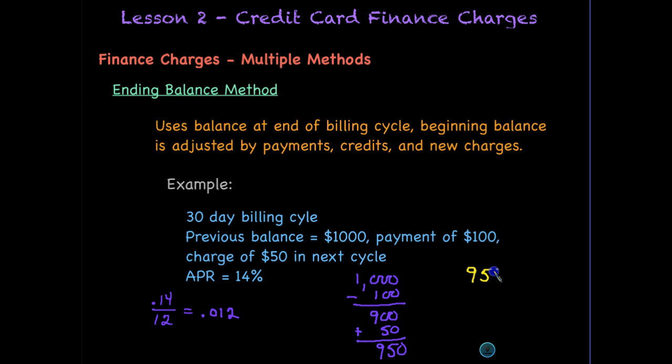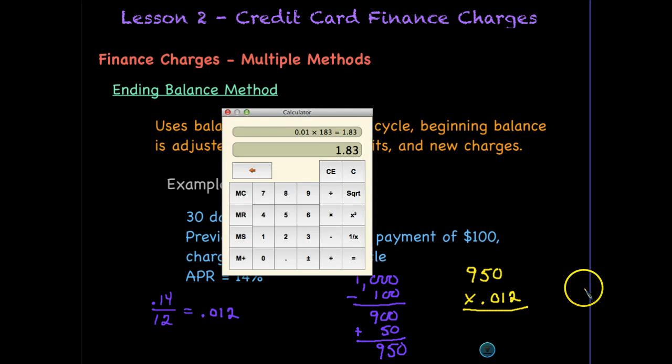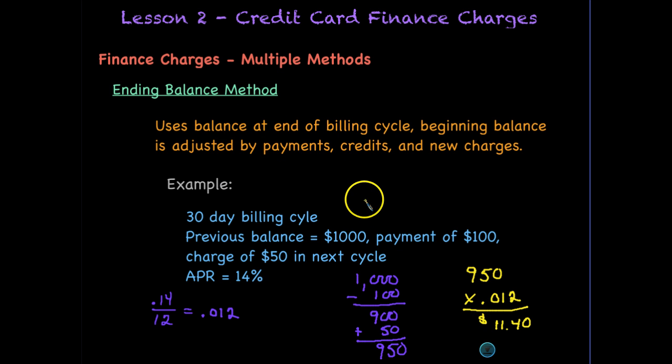So we take 950, multiply that by our monthly rate, and we will come up with our finance charge. So 950 times 0.012 will give us $11.40.